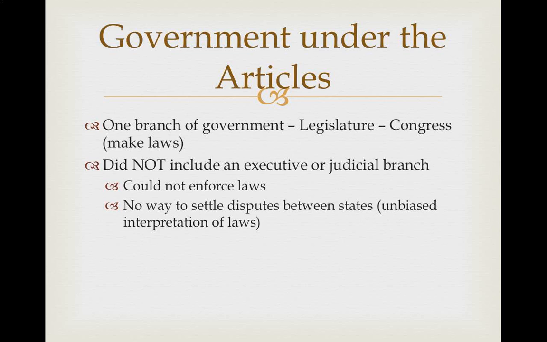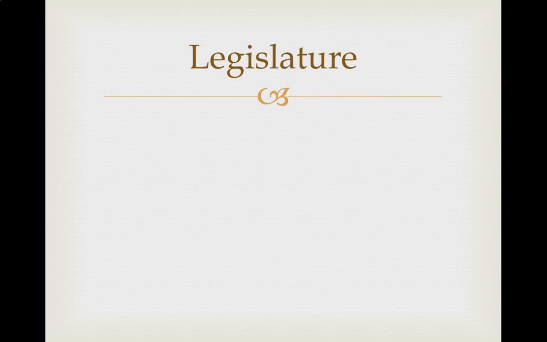So if you hear someone say we actually had a president under the Articles of Confederation, they were part of Congress, chosen by Congress, and they were just the presiding officer. So there was no executive branch to enforce the laws, and no judicial branch to settle disputes between the states, to give an unbiased interpretation of the law.